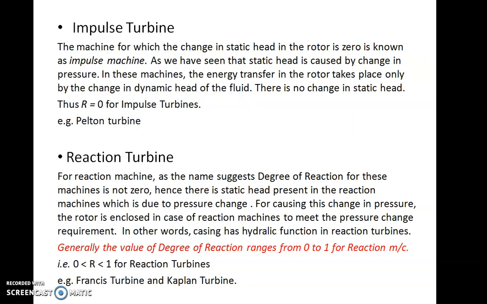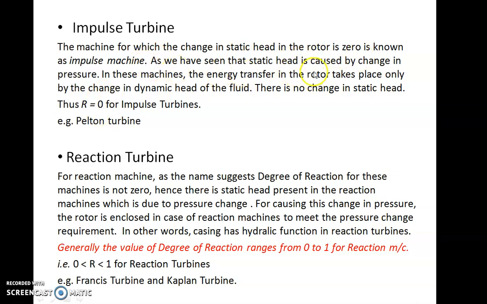Now let us see what is the case for degree of reaction in case of impulse turbine and reaction turbine. Now for impulse turbine, we have seen that the pressure across the runner remains atmospheric. So there is no change in pressure across the runner in case of impulse turbine. That's why in case of impulse turbine, the degree of reaction is 0, because there is no change in pressure. So the machine for which change in static head in the rotor is 0 is known as impulse machine.